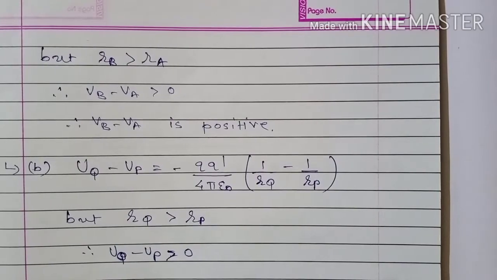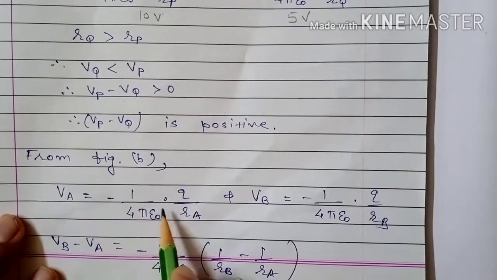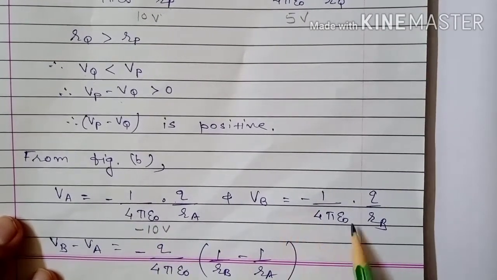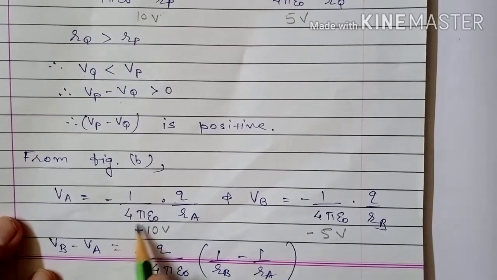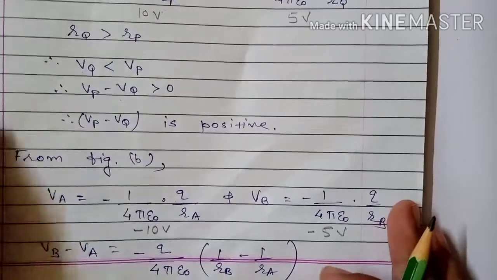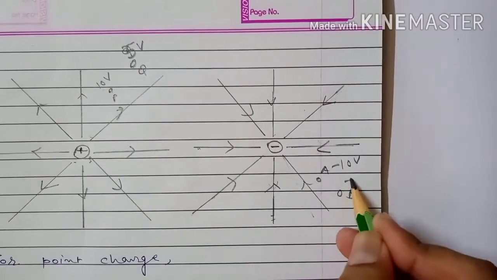How? Now let me take the value of this potential to be minus 10 volt, and potential at point B I am taking minus 5 volt. Because source charge is negative, therefore potential will be negative, and we have to find Vb minus Va. Here I have taken minus 10 volt, here I have taken minus 5 volt.